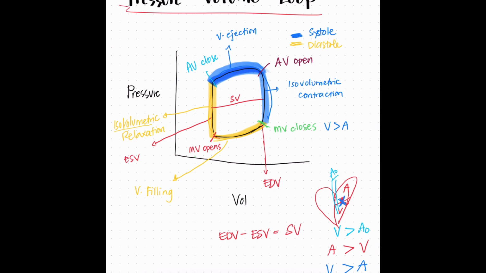So now it opens your aortic valve and pushes the blood out to your system, making circulation. And then the aortic valve over here closes, of course, to prevent regurgitation of blood from your aorta going back to the ventricle. And it's because, again, the aortic pressure is greater than the ventricular pressure. So that's pretty much it.